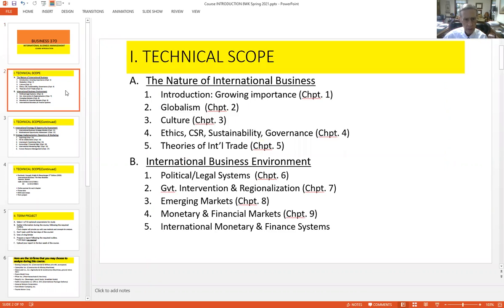So here then, is a summary or begins a summary of the chapters in your textbook. It's a large textbook. It has 17 chapters in it, but the chapters are not long. And the neat thing about this textbook, it has some wonderful exhibits in it.